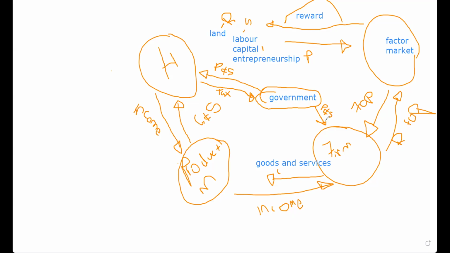If the government was not investing in building proper roads, the firms would struggle to transport their goods so that they reach the product markets or whoever is demanding those goods. So the government helps the firms stimulate their production by providing them with public goods and services such as infrastructure.